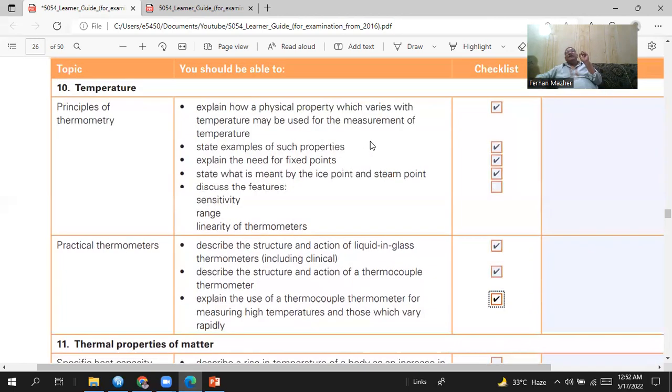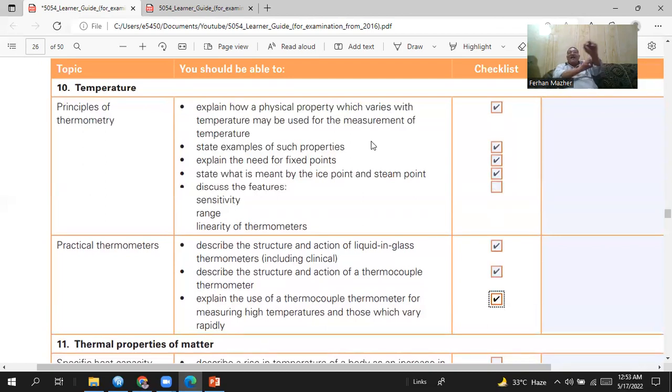That formula is (L theta minus L naught) divided by (L100 minus L naught) equals theta by 100.